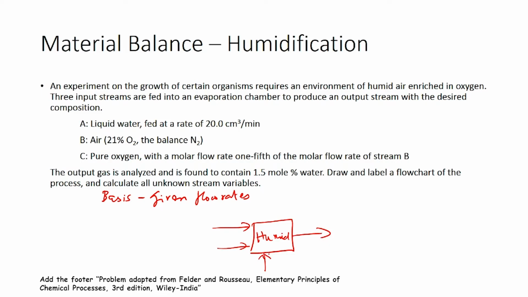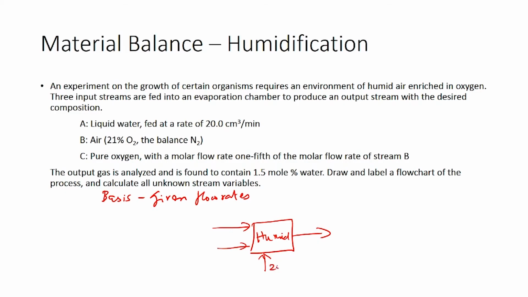So, you have the liquid water entering at 20 centimeter cube per minute and you have oxygen which is entering into the system as pure oxygen, and you have air which is entering the system containing 0.21 moles of oxygen per mole and nitrogen is 0.79 moles per mole.